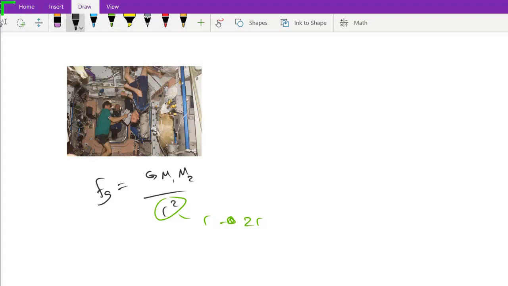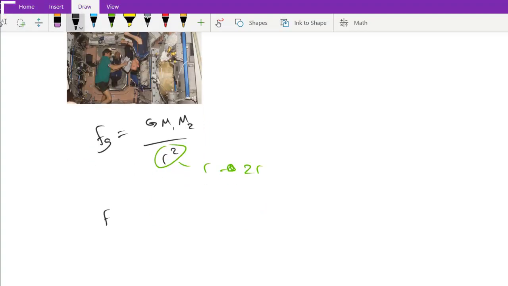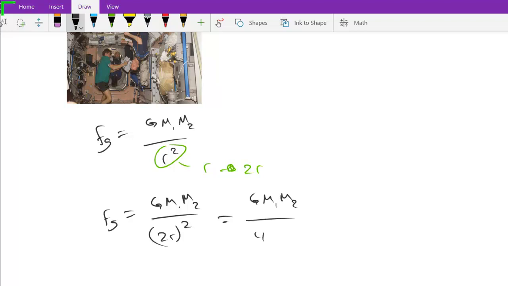Because the gravitational force would be G m1 m2 divided by (2r) squared, which would be G m1 m2 over 4r squared. So doubling the distance makes it 1/4 the force. So it falls off very quickly. The gravitational force falls off very quickly.